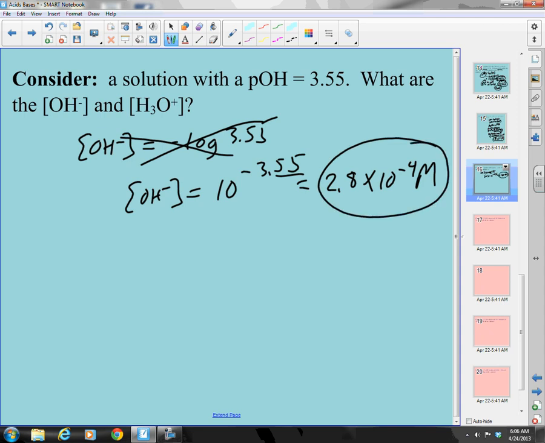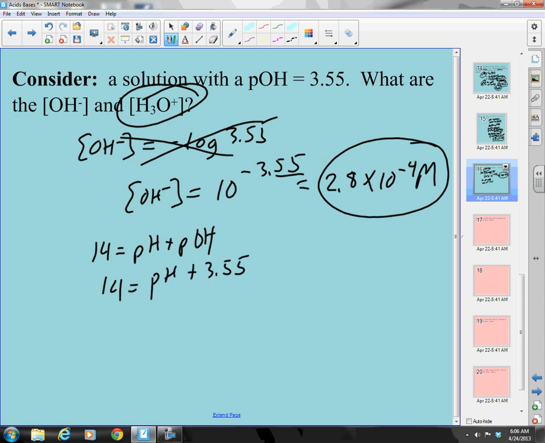All right, now let me show you another way to figure out my hydronium. Well, what do I know? I know that 14 is equal to pH plus pOH, if we're assuming this is at 25 Celsius. So 14 is equal to pH plus 3.55. So my pH should be equal to what? How about 10.45, 14 minus 3.55.